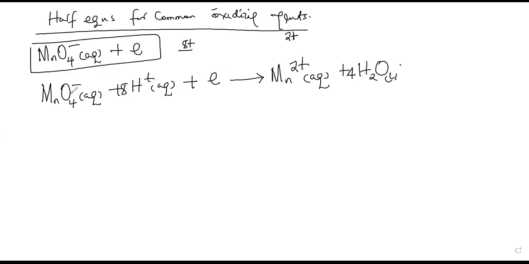Actually, this side I have 7 because it is 8 plus -1, the charge. So this side I have 7 positive charges, and this side I have 2 positive charges. So to balance them, I have to put 5 electrons, which are negatively charged. So the equation is balanced. And this is the half equation for acidified permanganate ions.